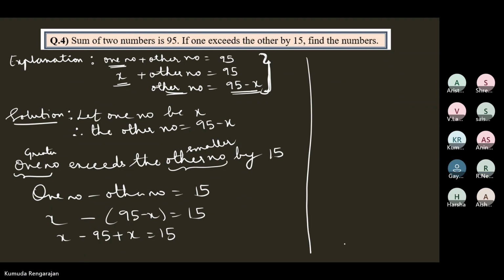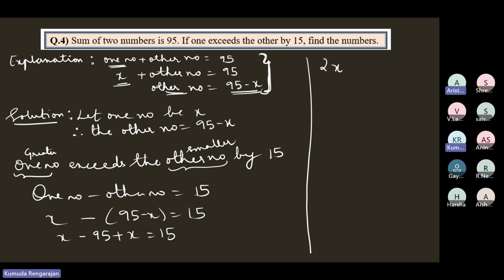Yes, ma'am. Continue. Help me solve this equation. So x minus 95 plus x equals 15, right? Yeah. So now we have to find the value of x. What is x plus x? 2x, ma'am.